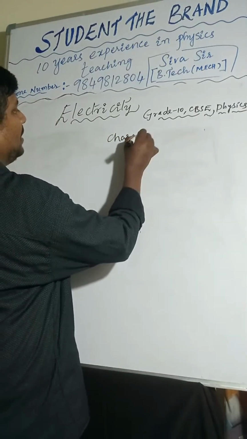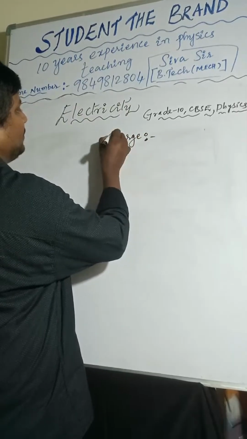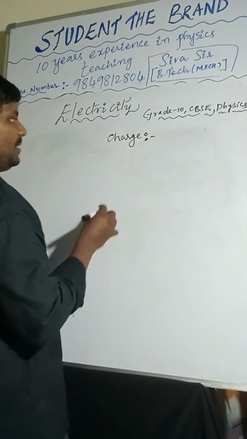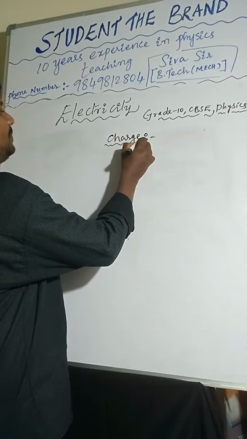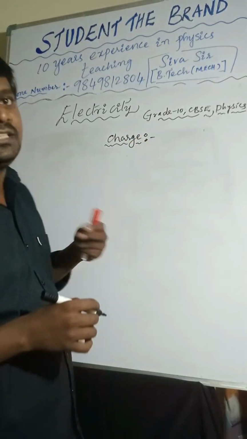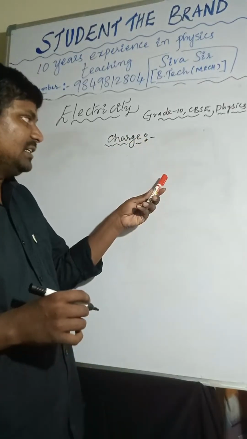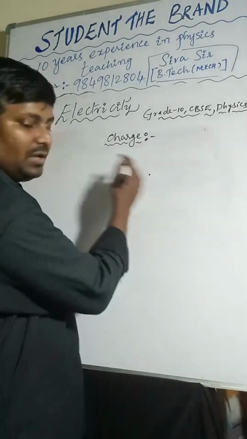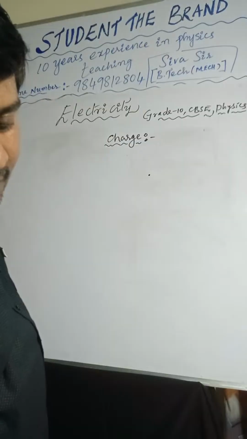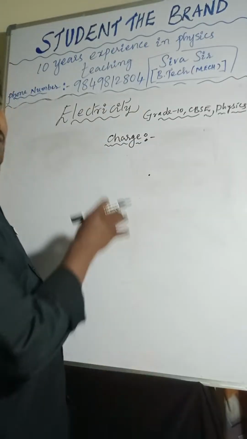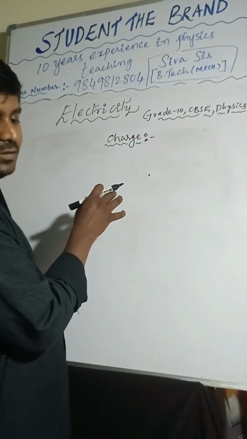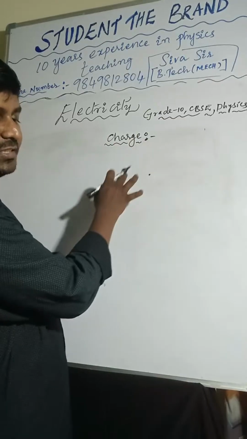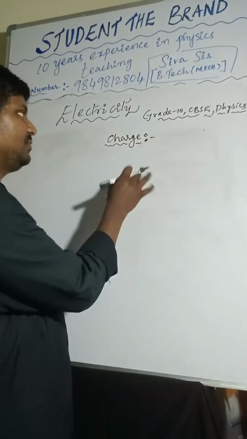Charge is a property of the matter which influences the presence of other charges. If a charge is there, either positive or negative, then any charges around it are influenced by this charge.